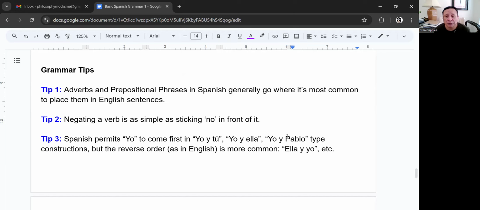The first grammar tip, and this is not to be exhaustive about adverbs and prepositional phrases, is to help you place the adverb and the preposition within the sentence. So the tip is this.